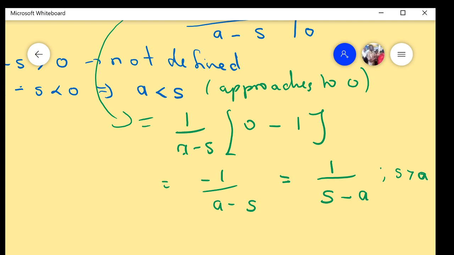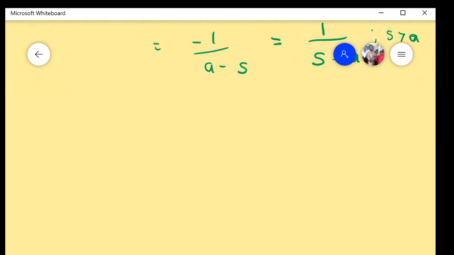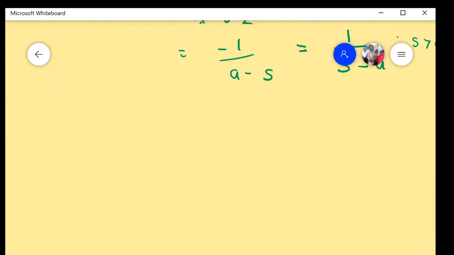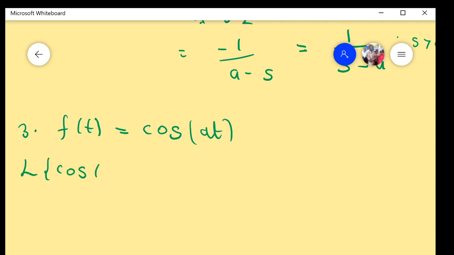Okay, let's take another example. If I have a third example, let's say my f of t is equal to cos at, where a is a constant. So I'm looking for the Laplace transform of cos at.